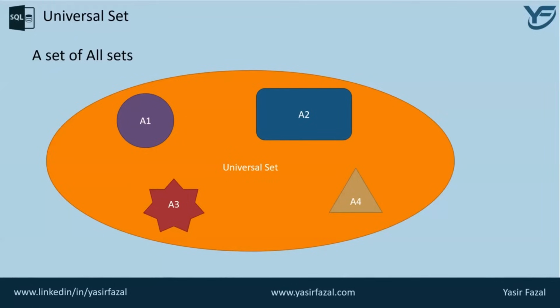When we talk about set theory in mathematical terms, the universal set is basically the set of whole numbers. Depending on the context, this set may also be the set of all shapes, or the set of all second degree polynomials, and many more.